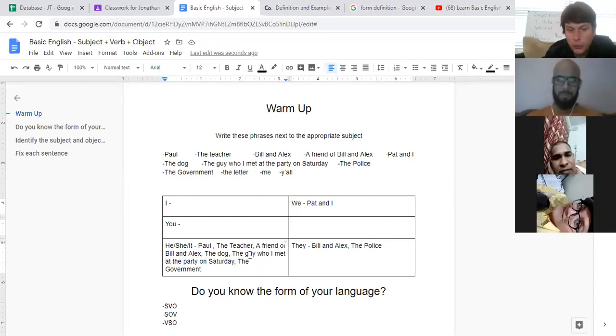So in English, we say the government is, for example, and we say the police are. I could explain it. I think because we imagine the government as one thing, but the police as many, many different officers. But that's how we say it in American English.